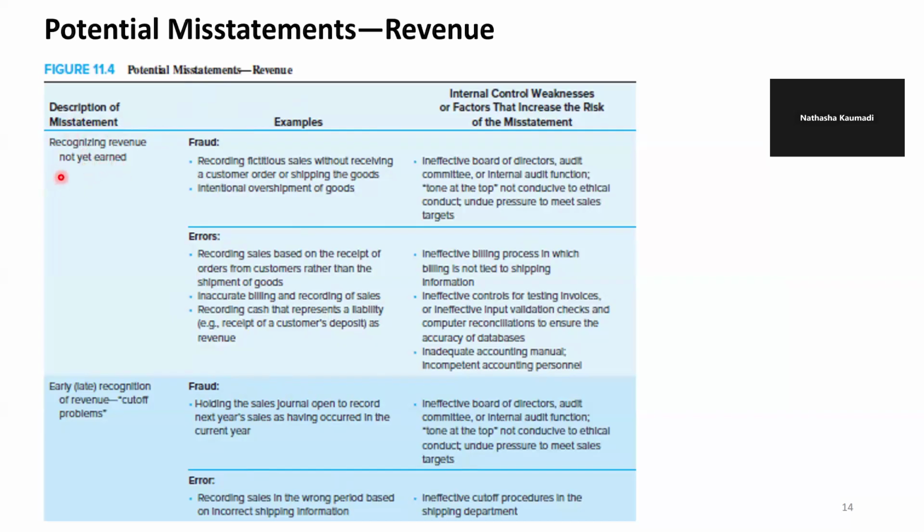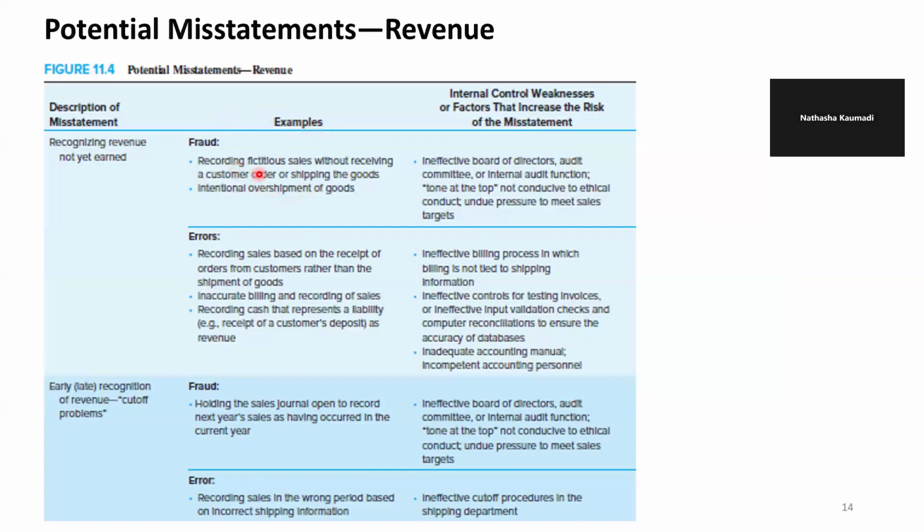Recognizing revenue not yet earned. That is one major potential misstatement organizations can have. They have recognized revenue not yet earned. Maybe there are no actual revenue transactions, but they have recognized them in the books. So that can happen. What are the examples?